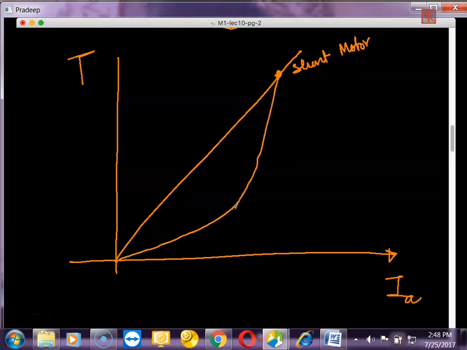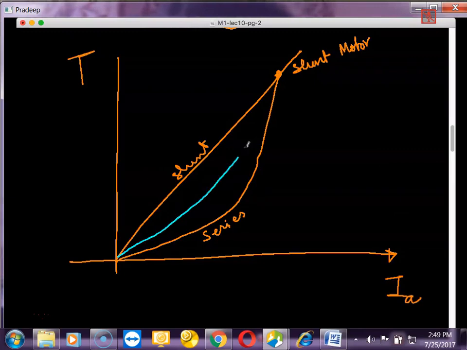So this is series, and this is shunt. The characteristic of compound will be in between them. It exhibits the behavior of both shunt and series motors.